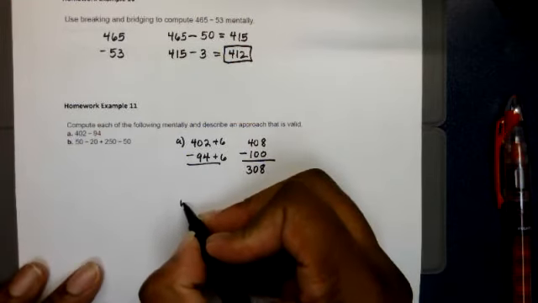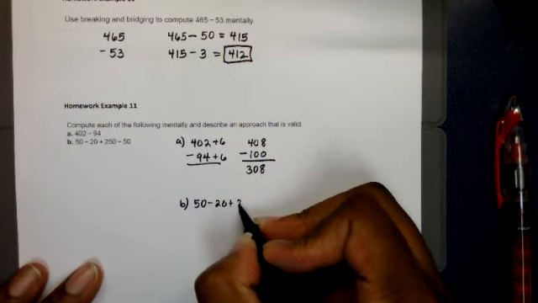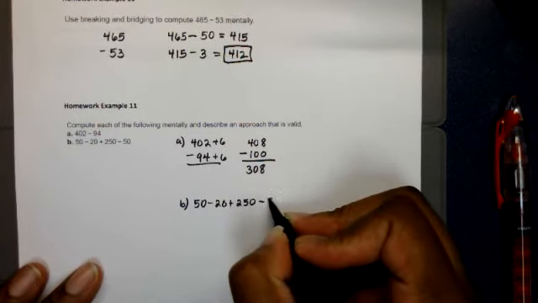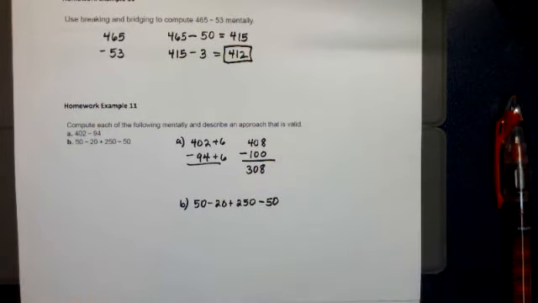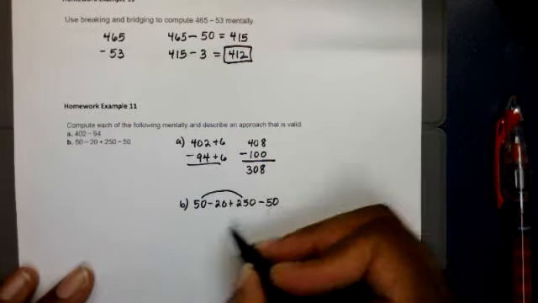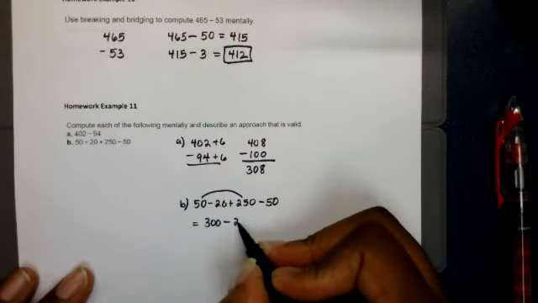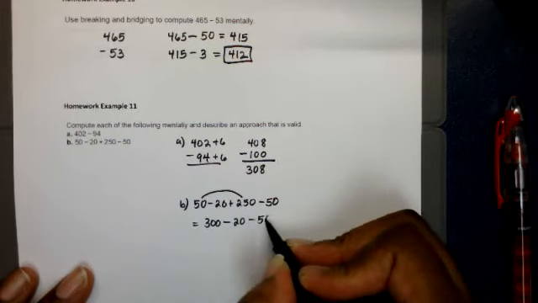Okay. Part B, 50 minus 20 plus 250 minus 50. Let's add the compatible numbers together, like 50 and 250. That's 300. And then we got minus 20 and a minus 50.